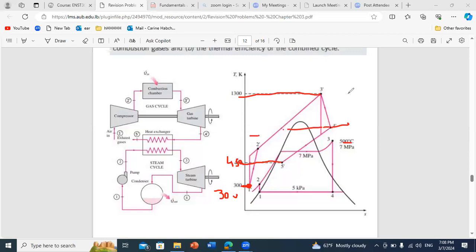Once you locate your points, you just have to say that I have a line of constant pressure between 2 prime and 3 prime. And since I don't have an ideal process, it's not straightforward.